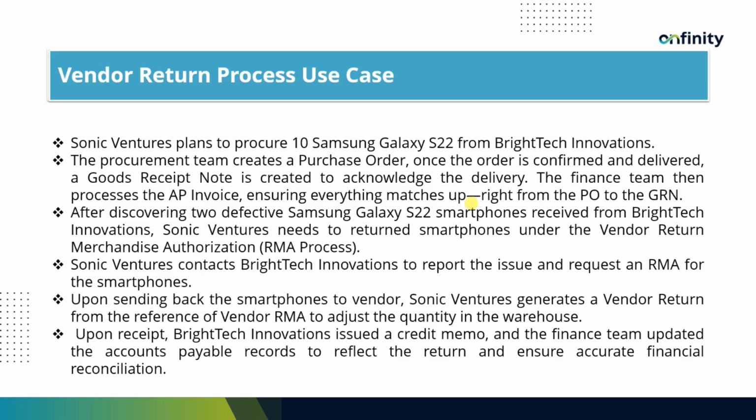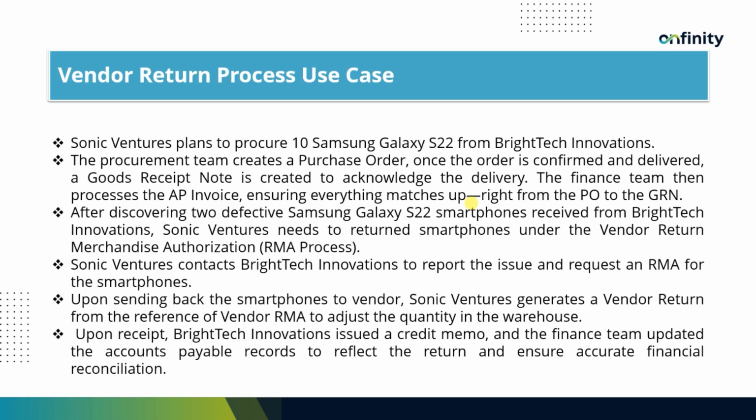After discovering 2 defective Samsung Galaxy S22 smartphones received from Brightech Innovations, Sonic Ventures needs to return the smartphones under the Vendor Return Merchandise Authorization (RMA) process. Sonic Ventures contacts Brightech Innovations to report the issue and request an RMA for the smartphones.